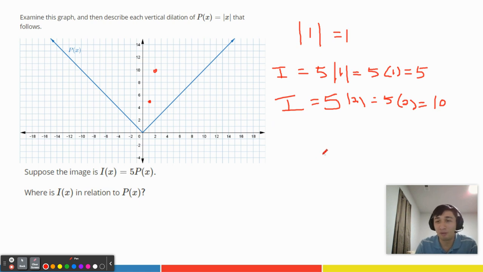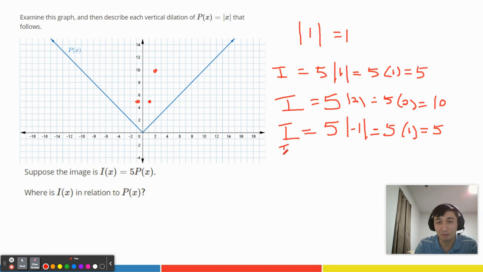Now maybe let's go a little bit to the left. So if I did -1, I could go 5 times the absolute value of -1. So that's really just 5 times 1 again, and so we know that's going to be 5. We go to -1, then we go up to 5.